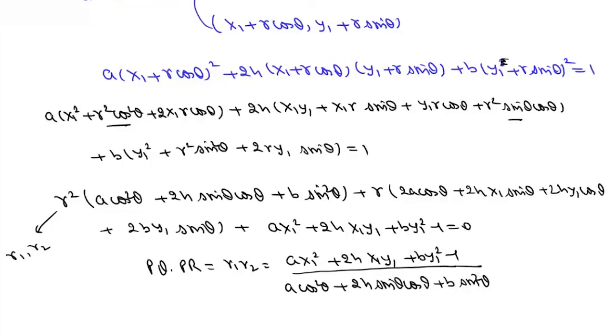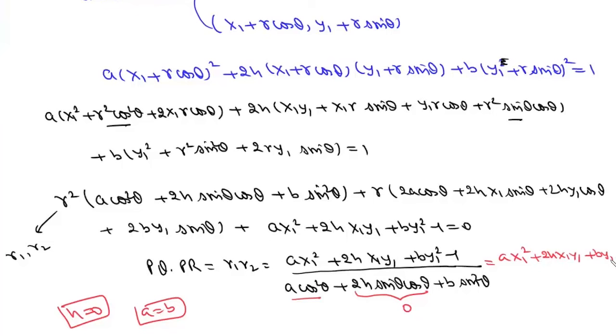Now it has to be independent of theta, and it will be independent of theta if this term is 0. So basically we'll get h equals 0, and if h equals 0, we'll get a cos square theta plus b sin square theta, and we can eliminate theta if a is equal to b. So if a is equal to b, then cos square theta plus sin square theta will be 1. So then it will be simply (a x1 square plus 2h x1 y1 plus b y1 square minus 1) upon (a plus b), which is independent of theta.